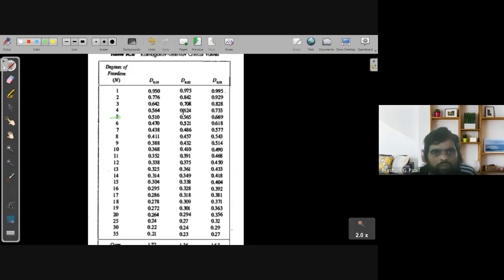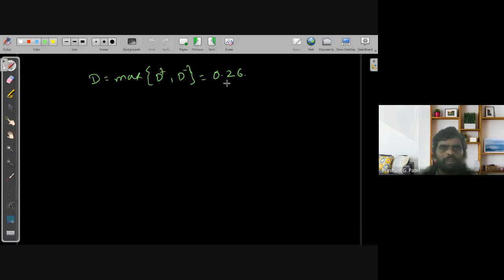This value for D0.05 is 0.565. That is the table value, called the tabular critical value, 0.565, and your observed value is 0.26.